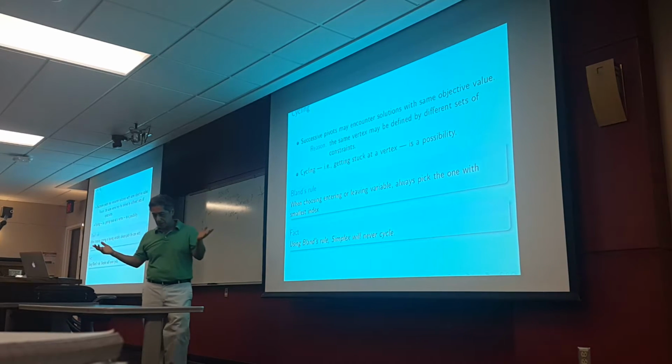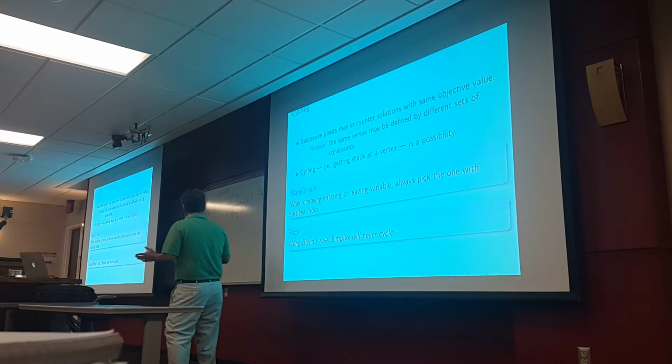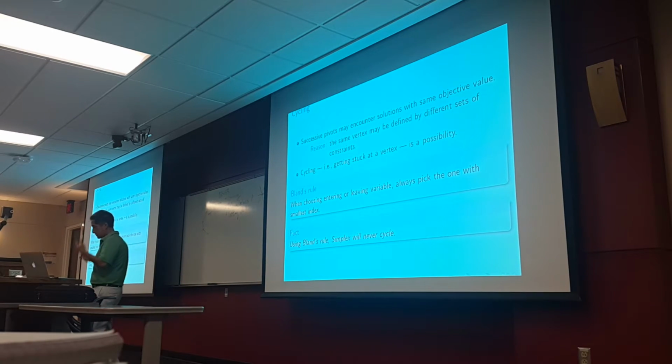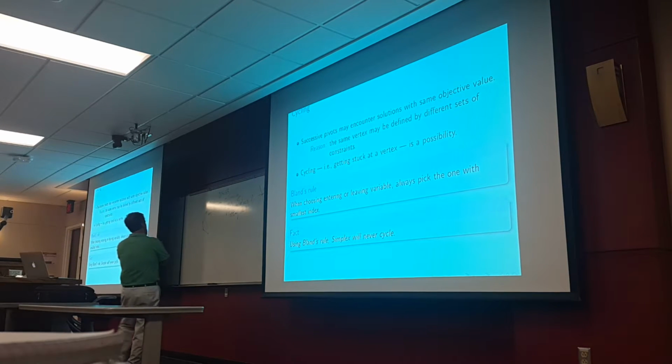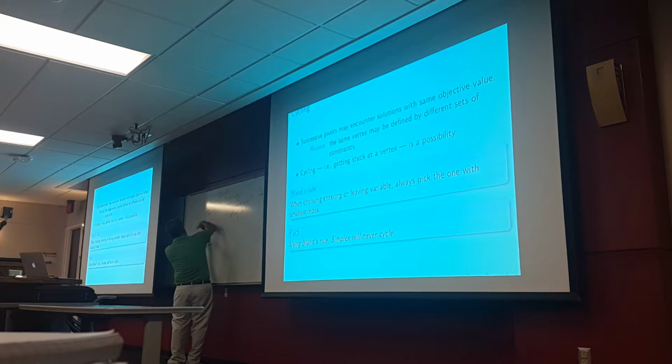Okay, so that's the meaning of unbounded. So what happens? Well, we are still moving from vertex to vertex of the feasible region, but what will occur is that when you get to this point and you see that there's a variable with a positive coefficient that you can increment, you will discover that that variable is not limited.